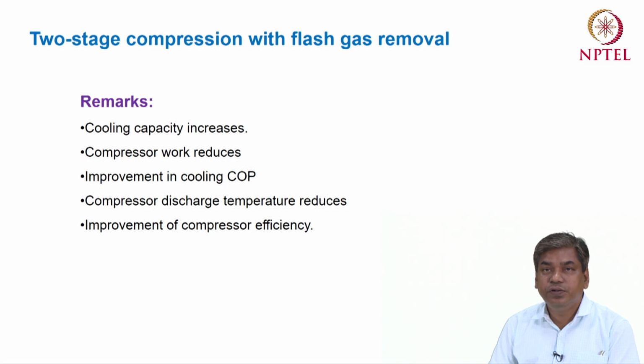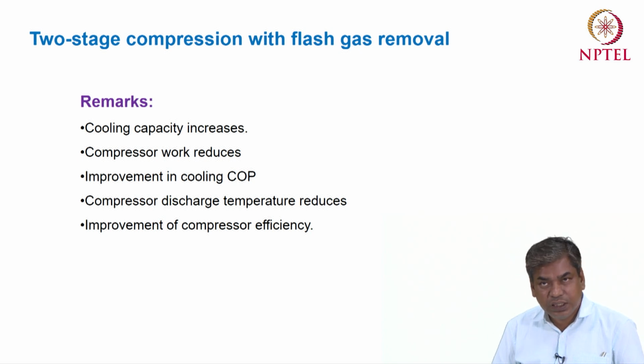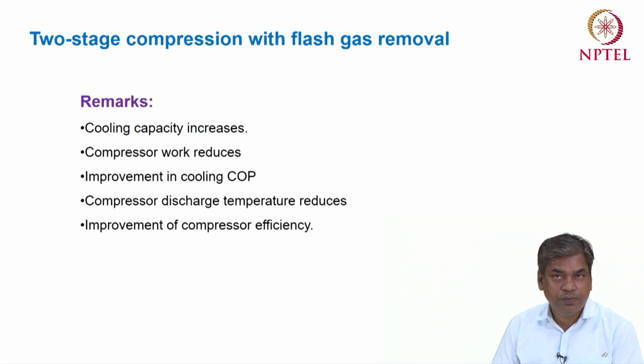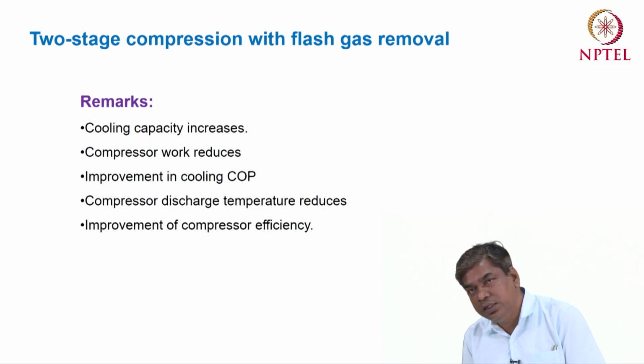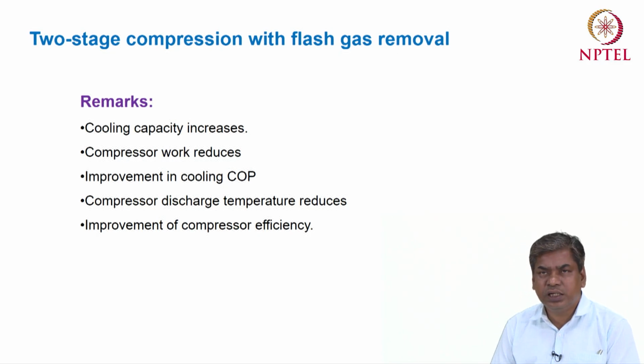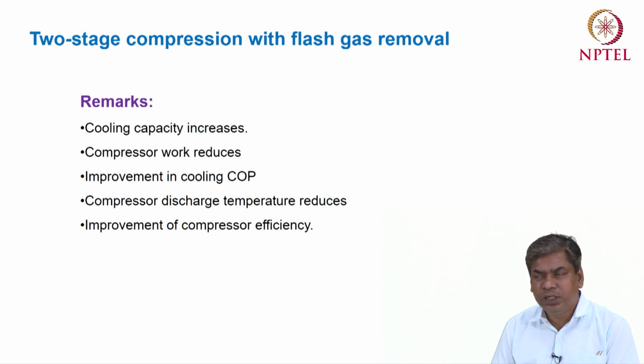We can summarize our discussion this way: the cooling capacity will increase by using the two-stage compression with flash gas intercooling. That we have already seen by analytical expression, and we can also get it easily by numerical calculations for any refrigerant.